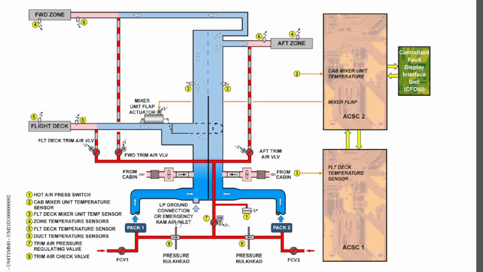There's another check valve after the emergency ram air inlet, and they share the same duct close to the mixer unit, right? And we'll discuss this emergency ram air inlet later.